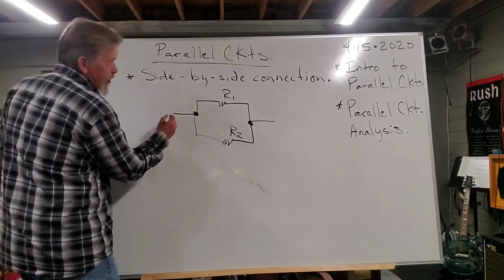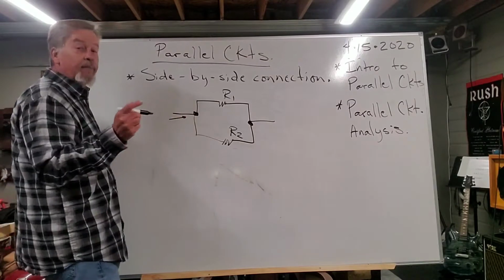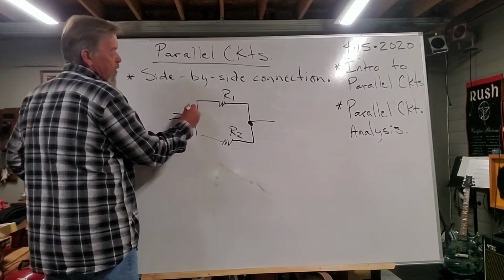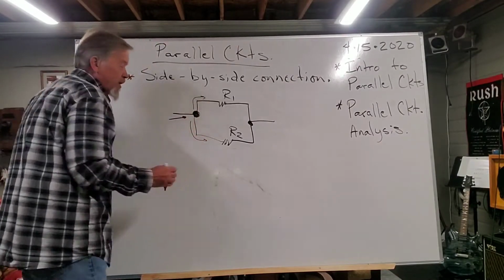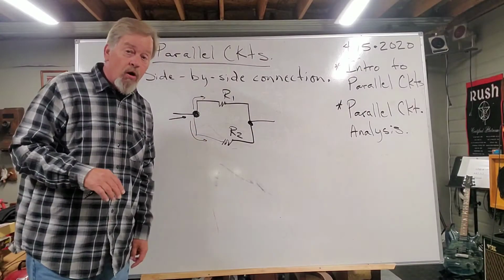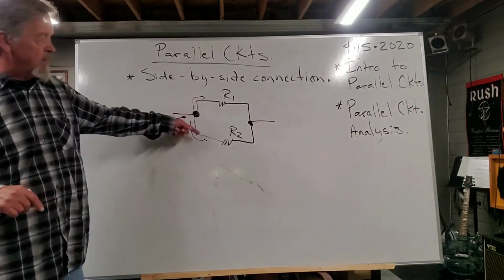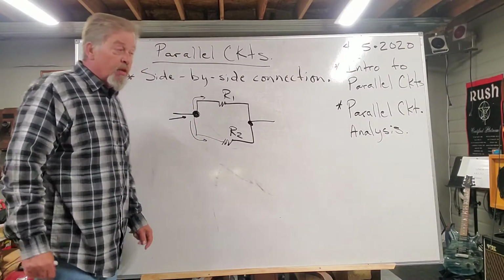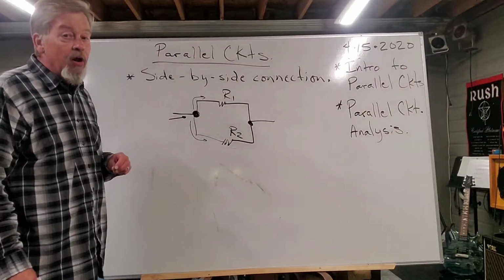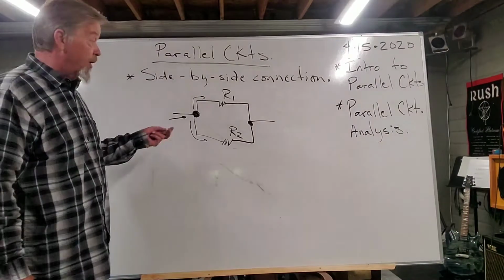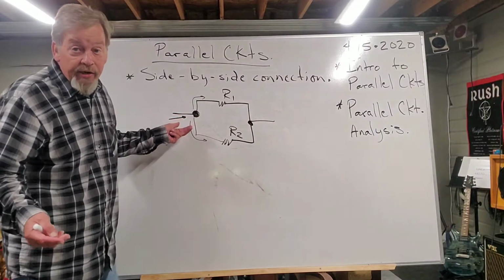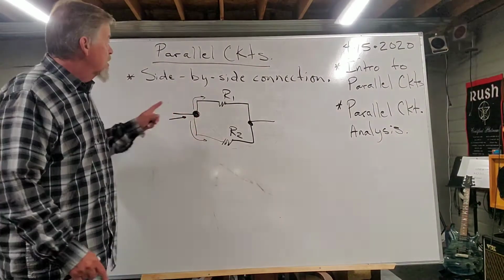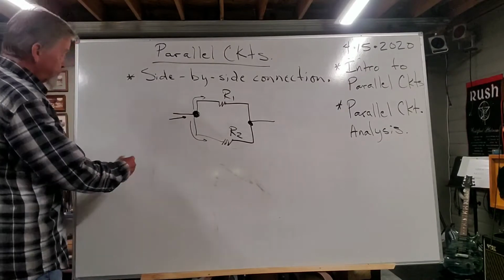And as we can see, if current is flowing in, and this is a key point, look for junctions where current will flow in, and what's going to happen is because of more than one path for current flow, because of the side-by-side connection, this current is going to split up. So the first thing you need to know is there's going to be more than one current, or like in series, voltage divided, in parallel, current's going to divide.